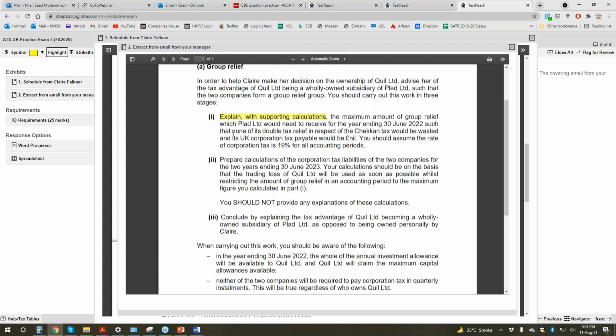The maximum amount of group relief which P Limited would need to receive for the year ending 30th June 2022, such that none of its double tax relief in respect of the foreign tax would be wasted and its UK tax would be nil. So I hope that company might be operating somewhere else outside the UK, and the profits are being taxed there as well.